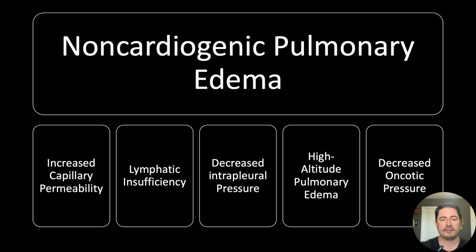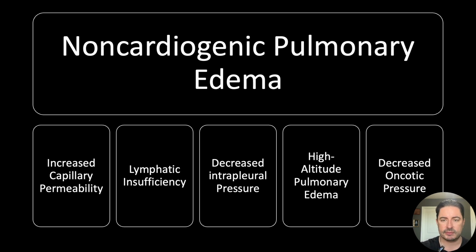You can have lymphatic insufficiency. Basically the garbage system is not showing up today. If the garbage system doesn't show up, it's not removing all of that excess fluid. So anything that would decrease the lymphatic drainage would cause this lymphatic insufficiency. Other causes may be a tumor that obstructs the outflow.